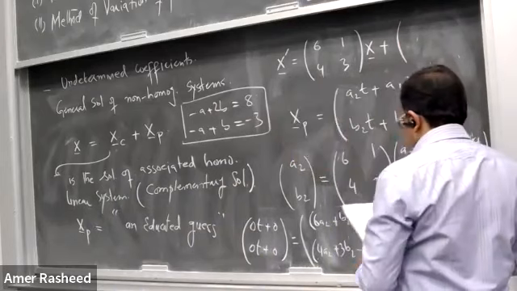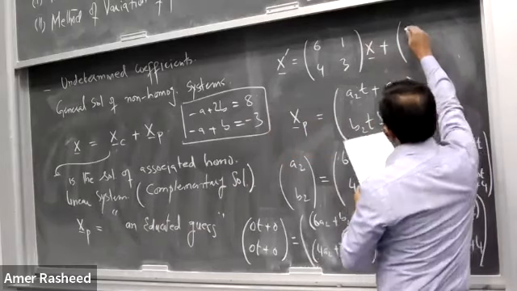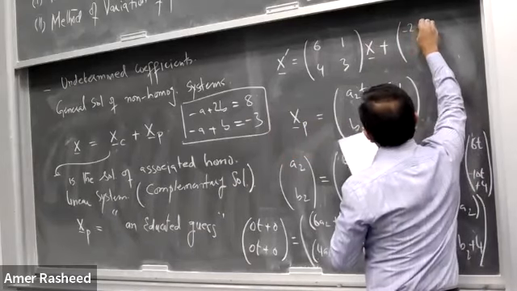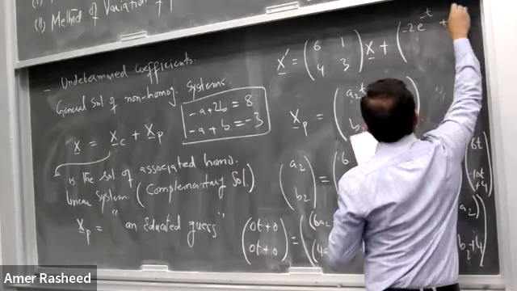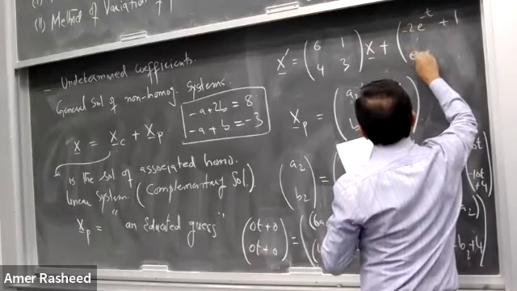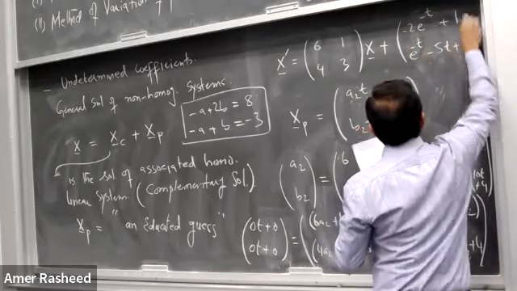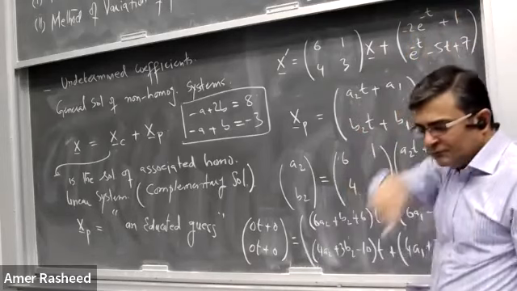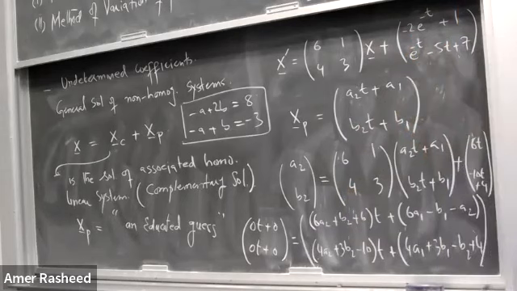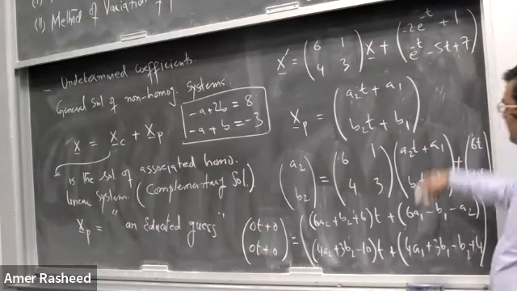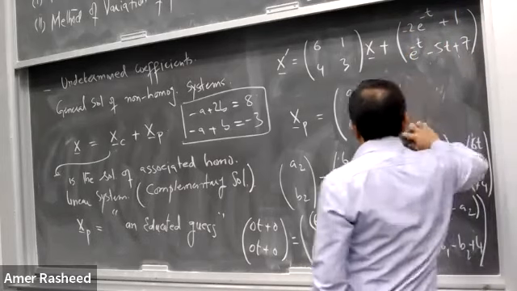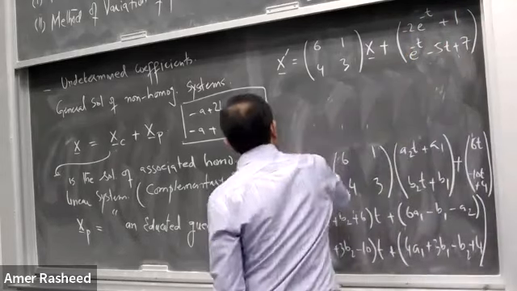For example, in example 3, I have given these functions, negative 2 e raised to the power negative t plus 1, and e raised to the power negative t minus 5t plus 7. Now, it is basically a combination of two functions: an exponential function plus a polynomial function.